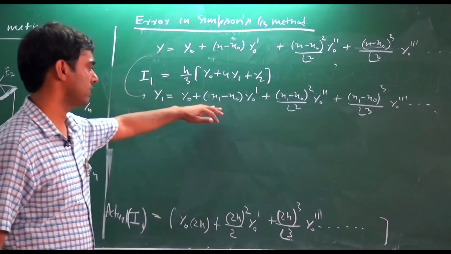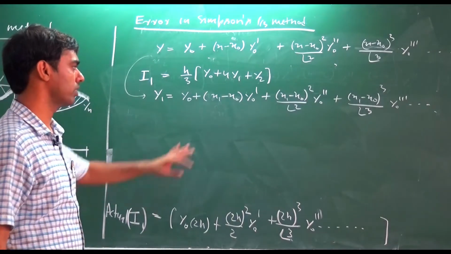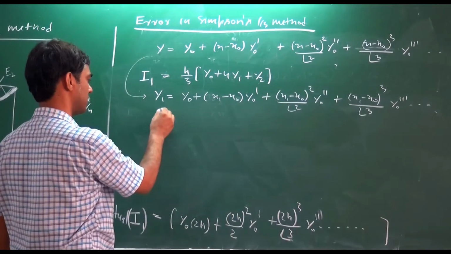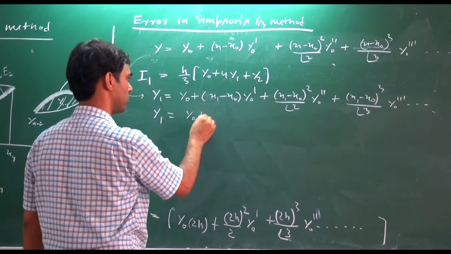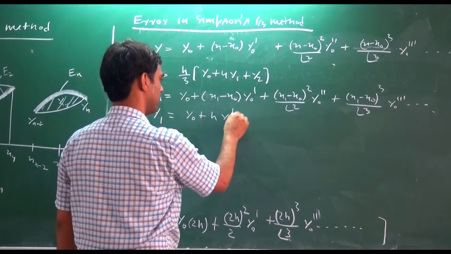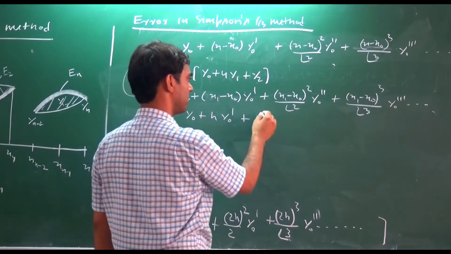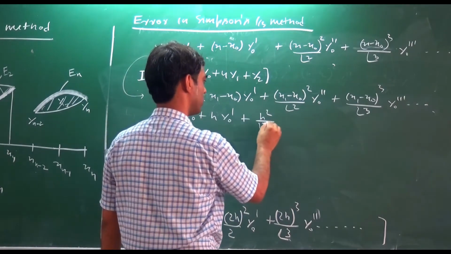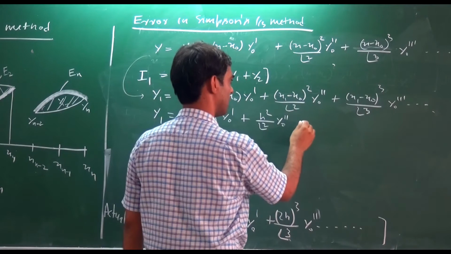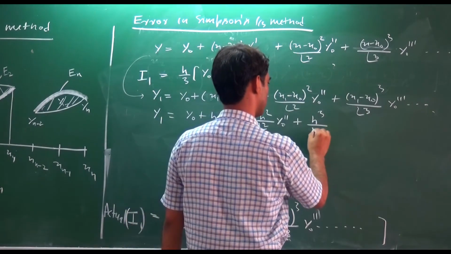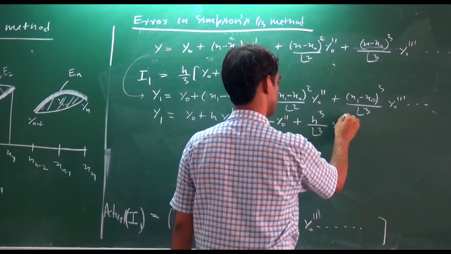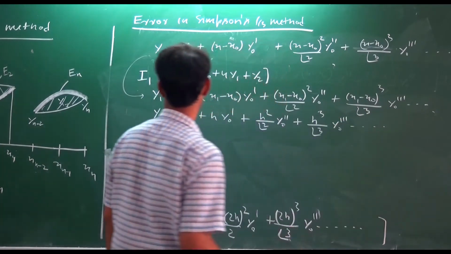Now x1 minus x0, for equal class interval, becomes h. In a similar manner, after simplification, y1 becomes y0 plus h y0 dash plus h square upon factorial 2 y0 double dash plus h cube upon factorial 3 y0 triple dash and so on.